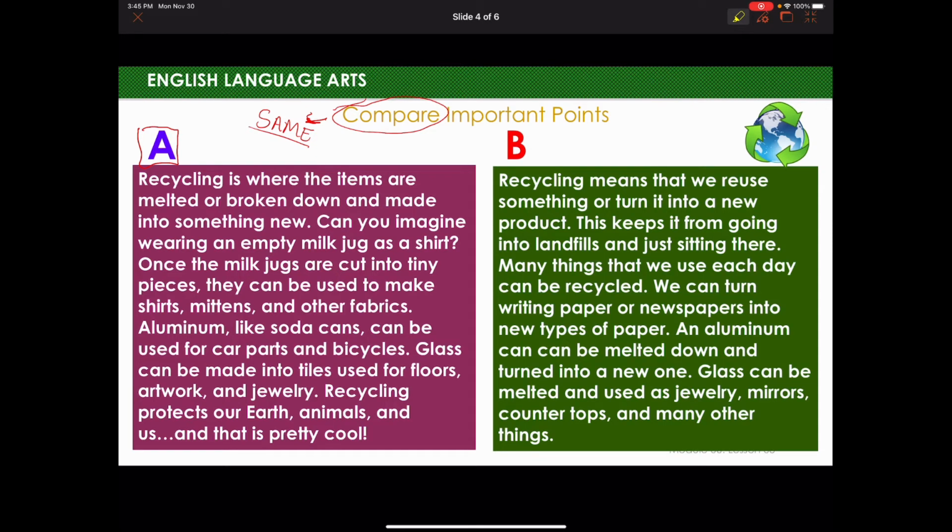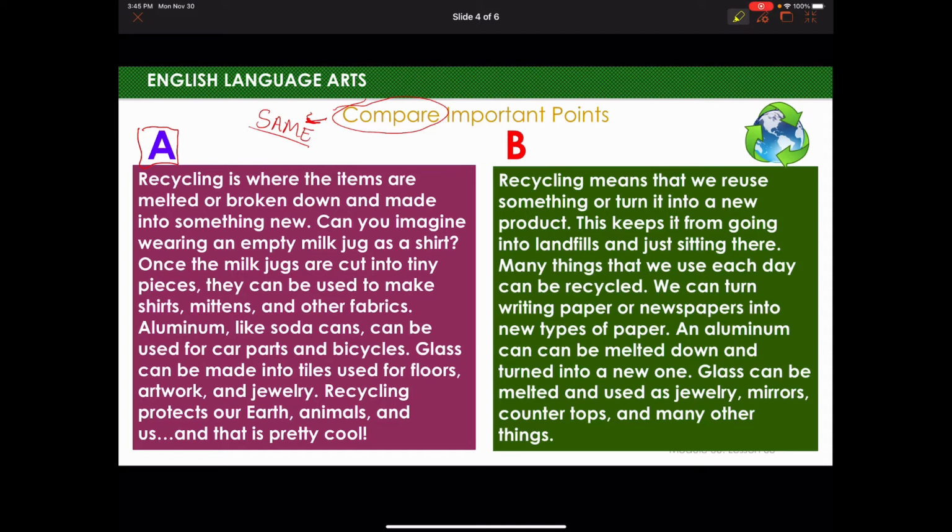Recycling is where the items are melted or broken down and made into something new. Can you imagine wearing an empty milk jug as a shirt? Once the milk jugs are cut into tiny pieces, they can be used to make shirts, mittens, and other fabrics. Aluminum, like soda cans, can be used for car parts and bicycles.